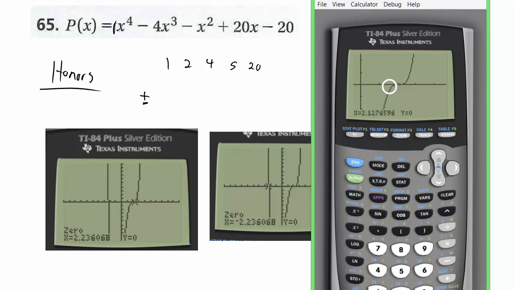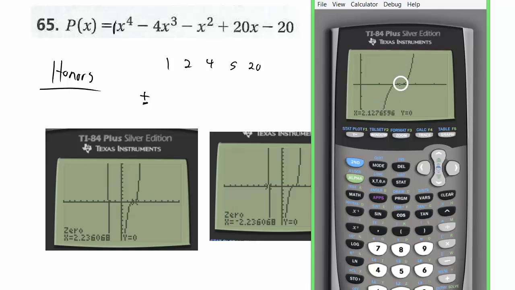So this thing actually has only 2 zeros, one of them being the negative 2.23, and this one positive 2.23 or 2.24 if you round up. But the positive 0 obviously has a high multiplicity. And for it to have a high multiplicity, but it doesn't bounce off the x-axis like this, the multiplicity must still be odd.